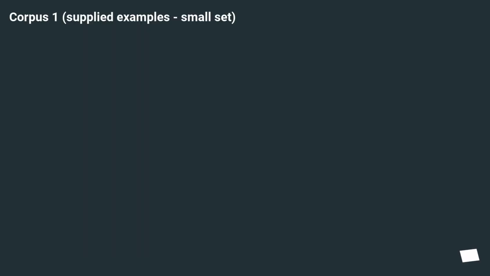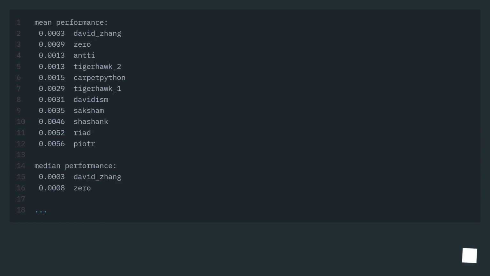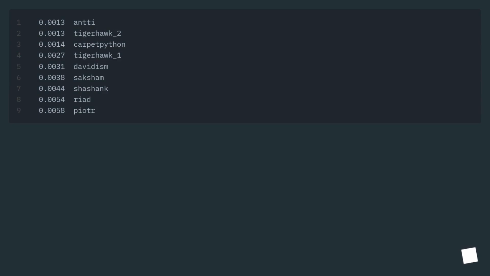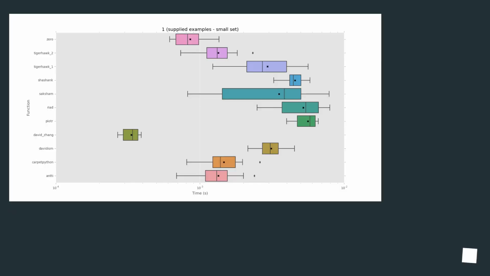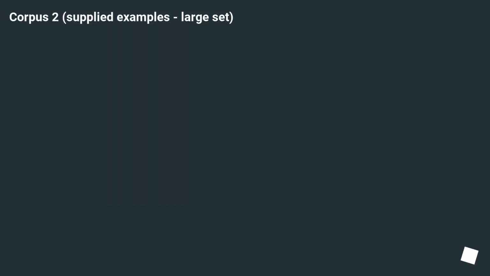Corpus 1, supplied examples, small set. Corpus 2, supplied examples, large set.